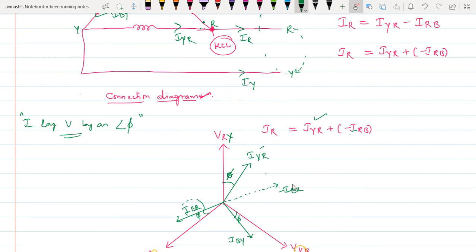Now, how do we join these two? This is vector addition, so we use the parallelogram law of addition of vectors, as I said already.